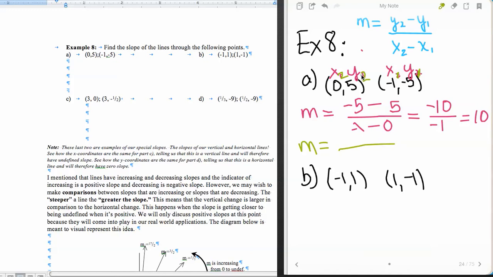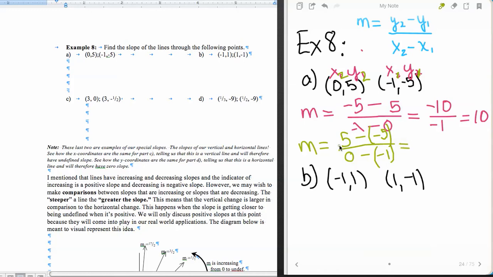This is now my y2, so I'm going to write it first and then subtract, and now I'm going to put some parentheses because my y1 this time is a negative number. So I'm going to put in the -5, and then I'm going to go for my x2, which is 0, and then subtract what my x1 is, which is a -1 here, and I should have some parentheses around that one so it doesn't get confusing.